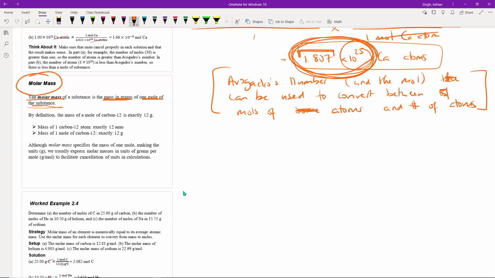We define the mass of a mole of carbon-12, for instance, as exactly 12 grams. And as we saw before, when we looked at atomic masses, the mass of one carbon atom was exactly 12 atomic mass units. Now we're saying that the mass of 1 mole of carbon-12 is exactly 12 grams.